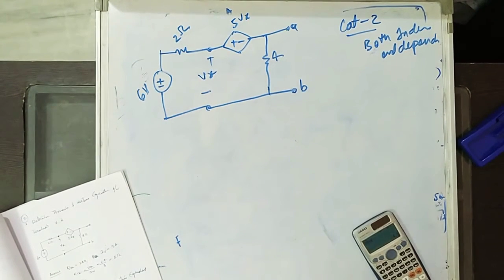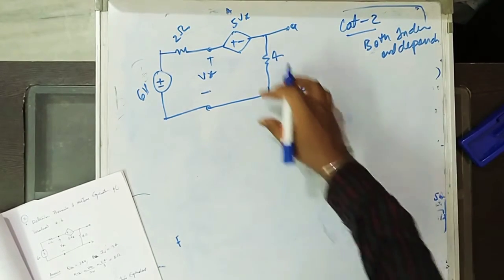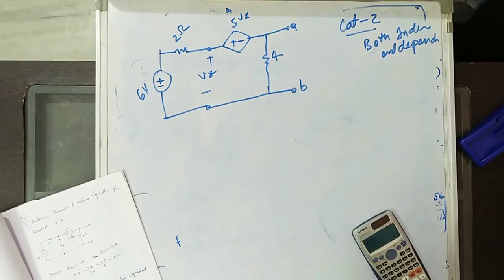Now this is a category 2 sum, which is having both dependent and independent sources. So this is basically a simple sum. Here, the only main thing is observing this Vx, which is important.